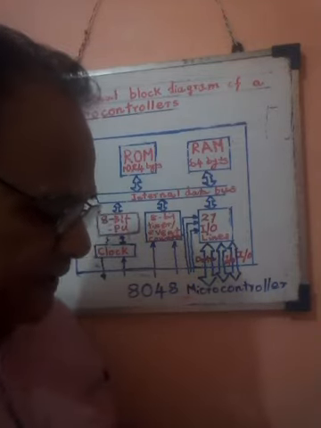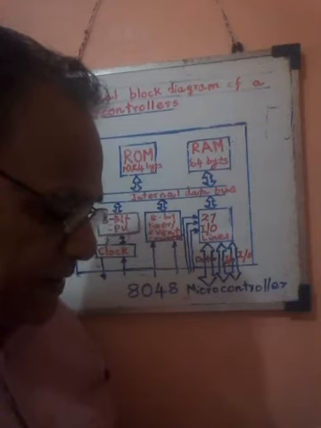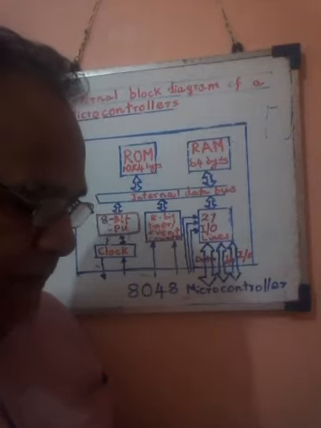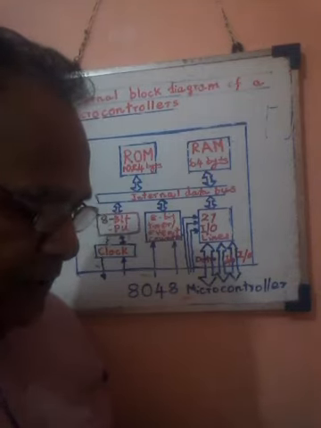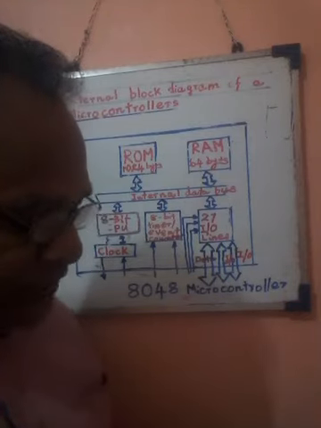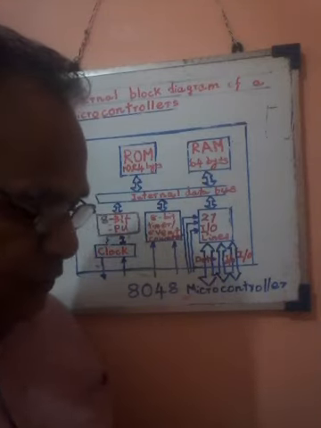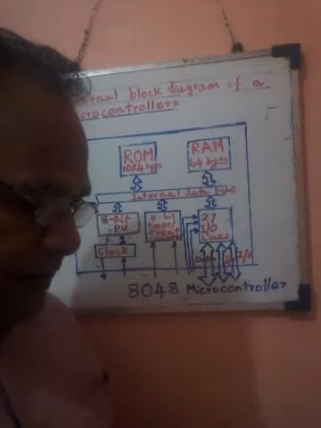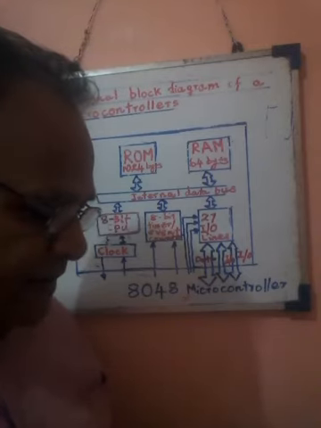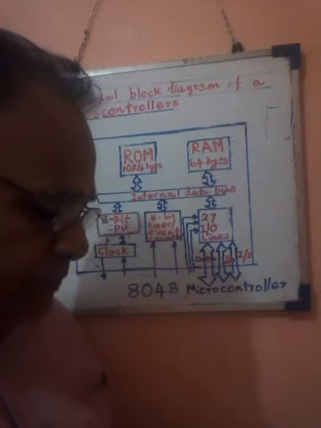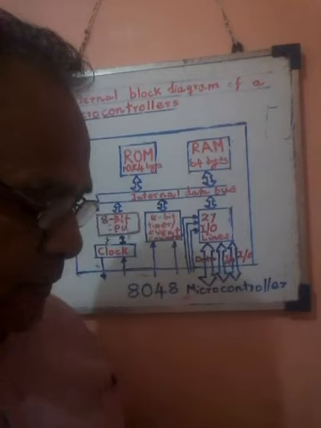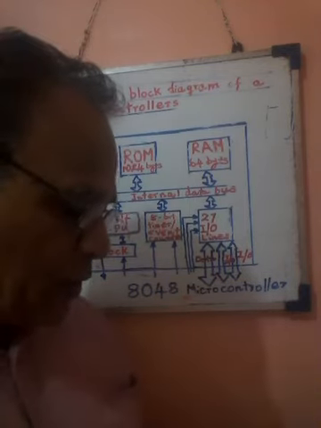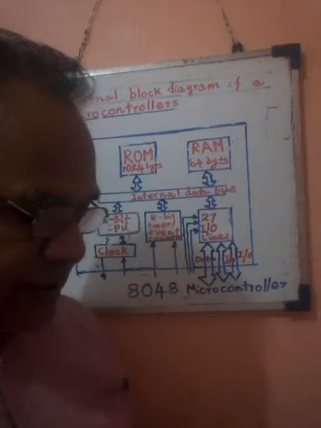Number three, the instruction set of a microcontroller is usually smaller. The microcontroller instruction set is always smaller than an equivalent microprocessor. Compared to an equivalent microprocessor, the instruction set is very small. Number four, a microcontroller can have onboard AD converters.